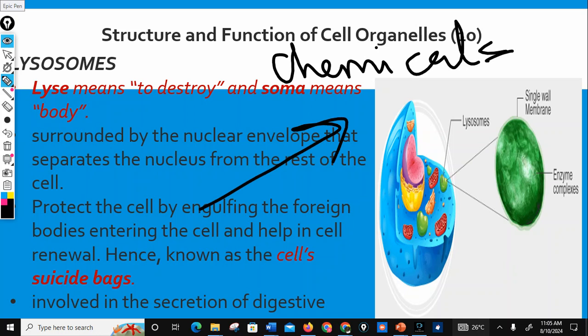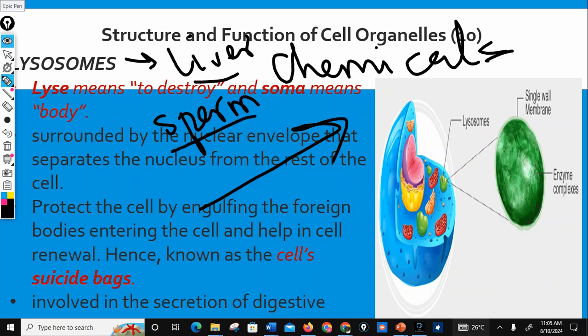The major question that usually comes up about lysosomes is which cells possess them. They are most abundant in very active cells, like the cells of the liver and sperm cells. Those cells are going to possess lysosomes.